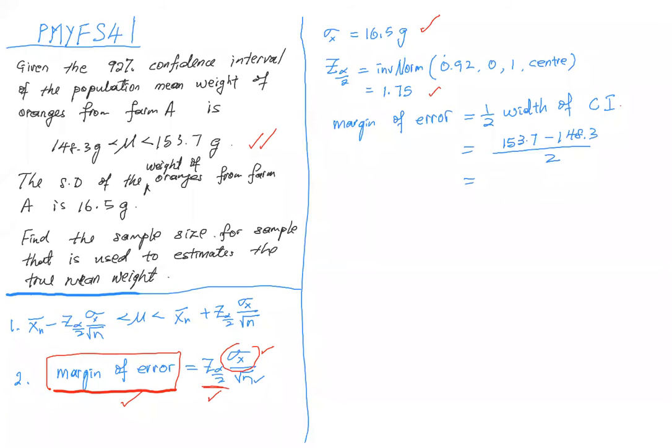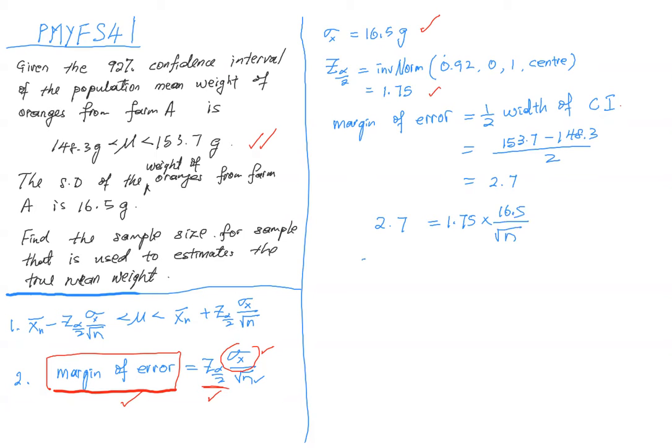So you have 153.7 minus 148.3, and then divide by 2. So your margin of error is 2.7. So I put into the formula 2.7 equals 1.75 times the standard deviation 16.5 over square root of n.